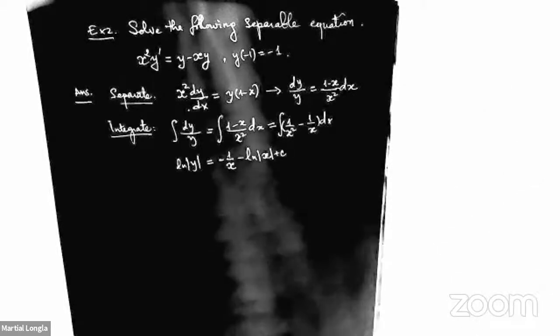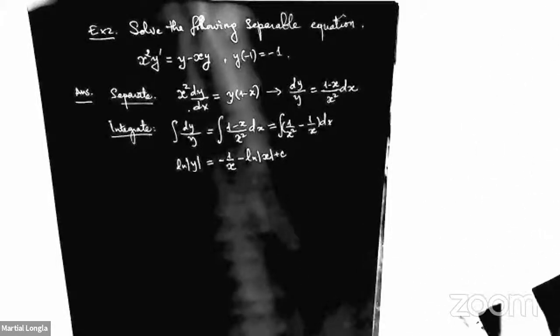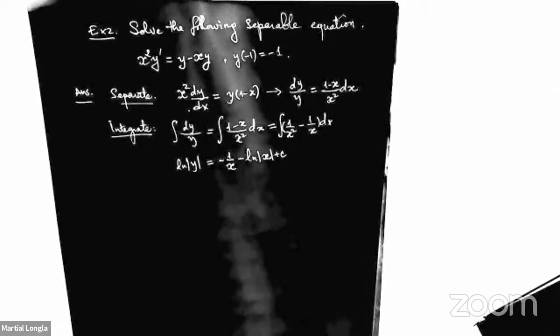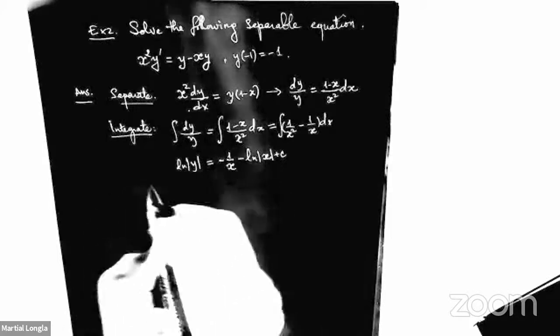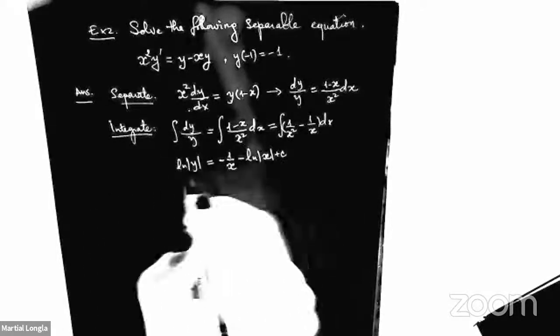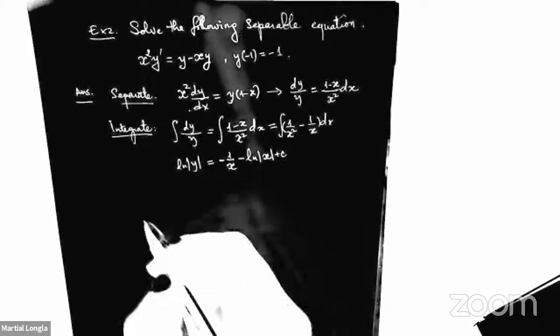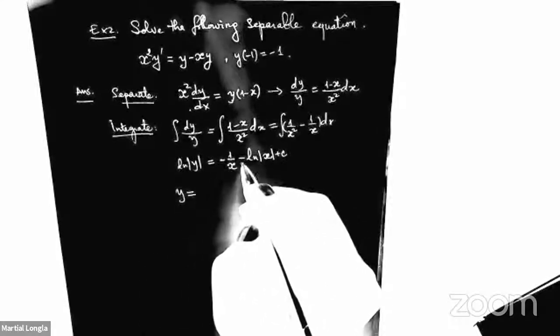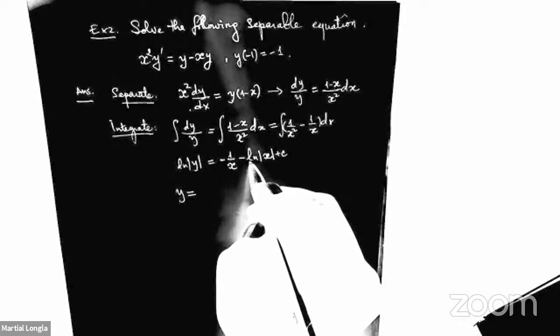So now this is what we get, and we need to remember that it says y of 1 equal -1, so we need to solve for y. It's going to give you y equals this here.